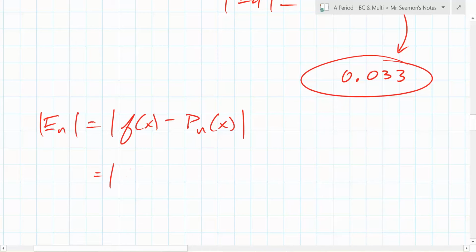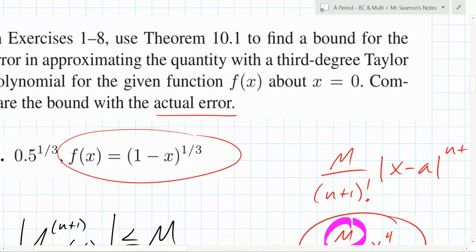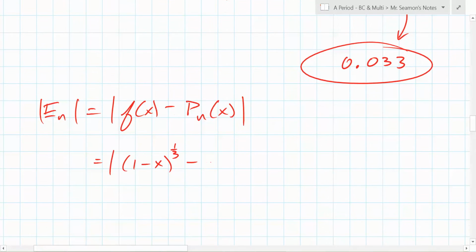It's 1 minus x to the 1/3, right? And what degree polynomial are we going to here? 3rd degree, right? So we need to find the 3rd degree polynomial, and that would be the actual error. This is the maximum error that we calculated using a shorter method.